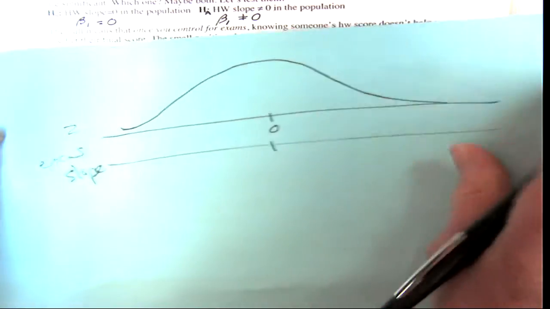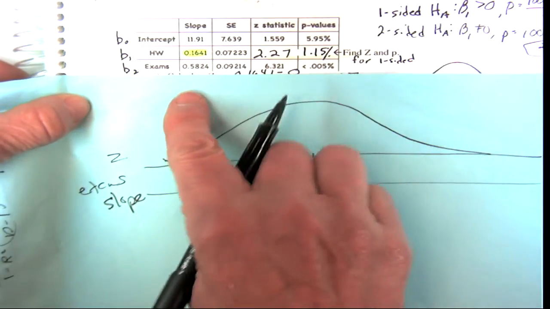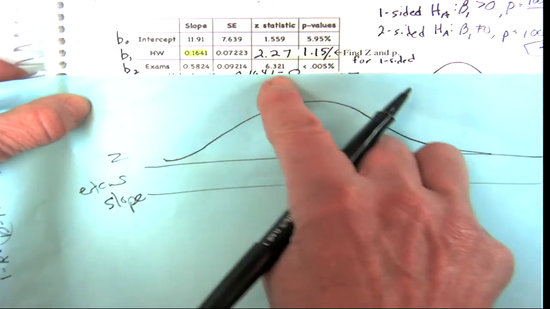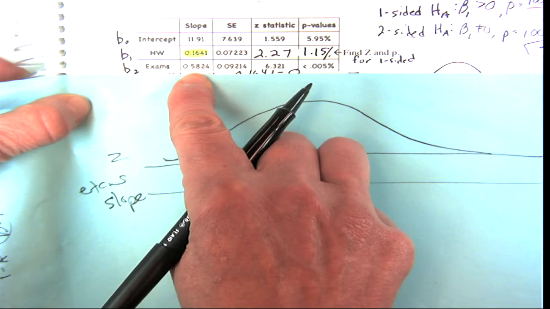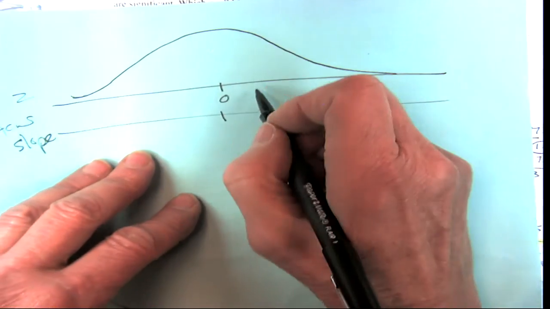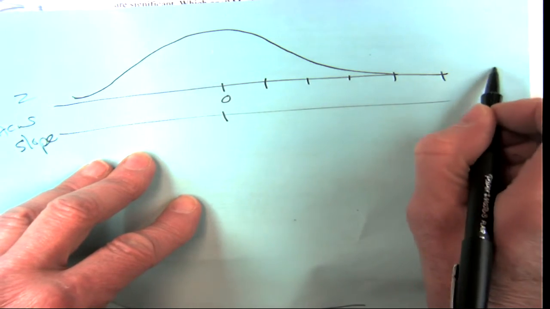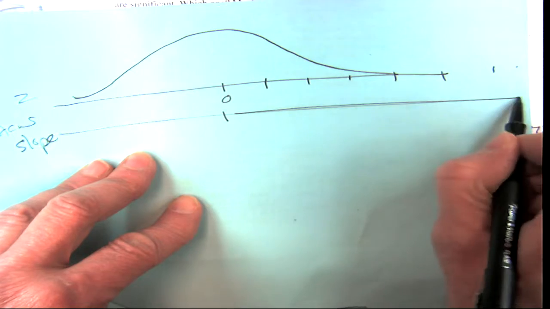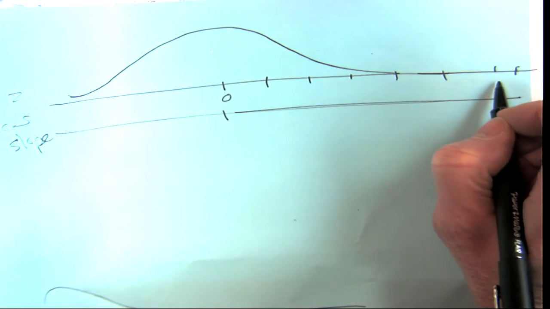This is telling us that the exam has a z-score of 6.321. So that lines up where? You'd have to go 1, 2, 3, 4, 5, 6, way over there. That's where the exams would be. That would be the 6 as a z-score.